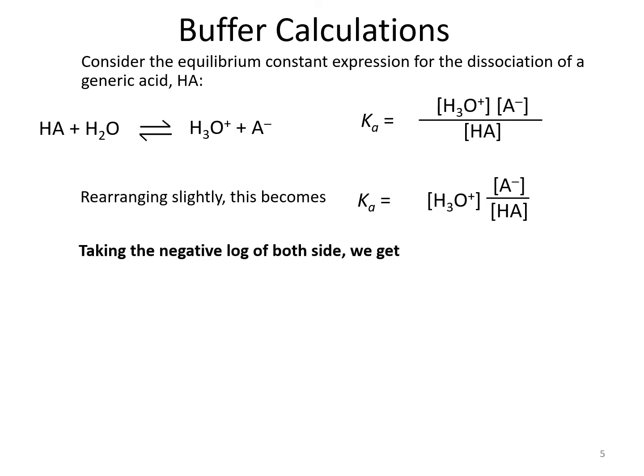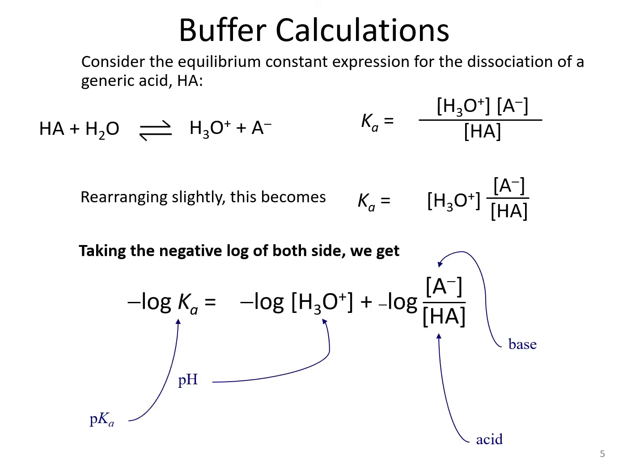So once we have that form, we take the negative log of both sides and we get this expression, and notice that minus the log of Ka is the pKa, minus the log of the hydrogen ion is the pH. The anion is a base and the HA is an acid.